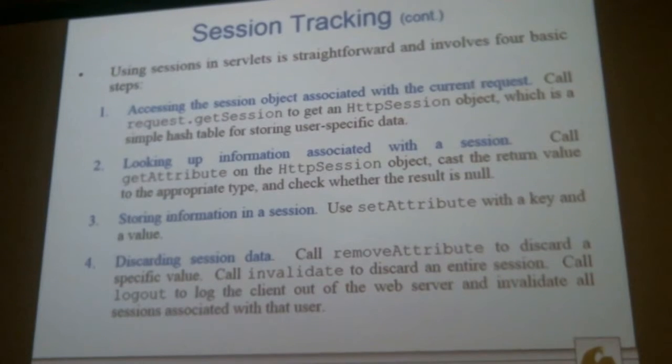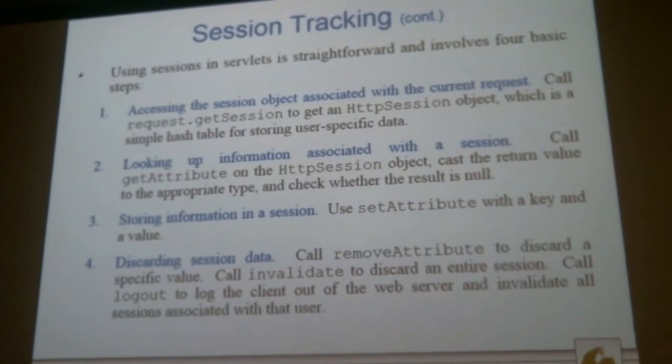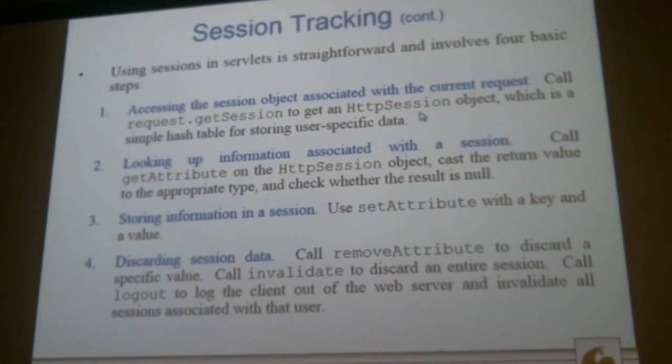I need to find the one that's dealing with this particular client I'm talking with. So I'm going to use an HTTP session object, looking at the request side, and the method I need in this case is getSession. So I'm getting the session associated with the current request object that's coming through.